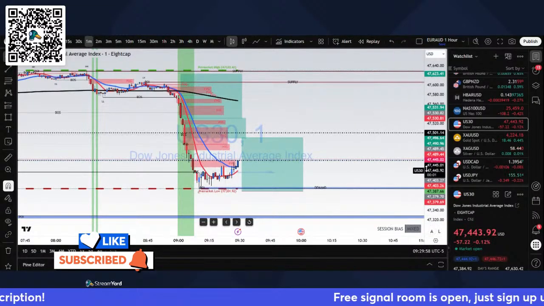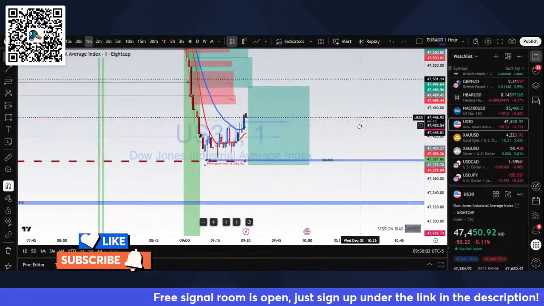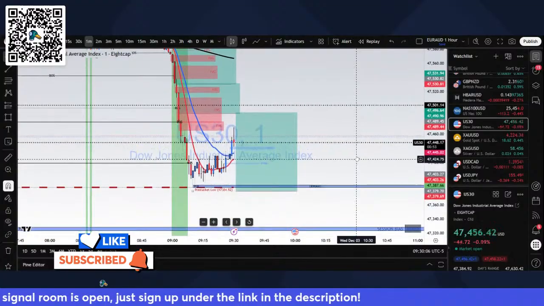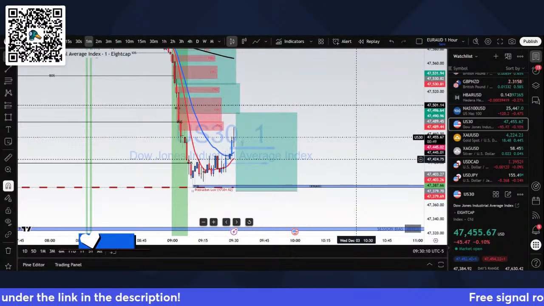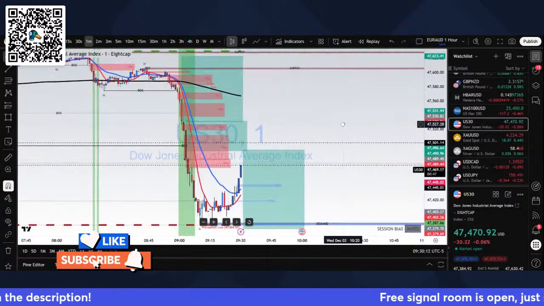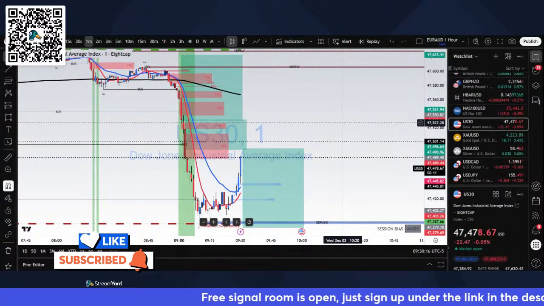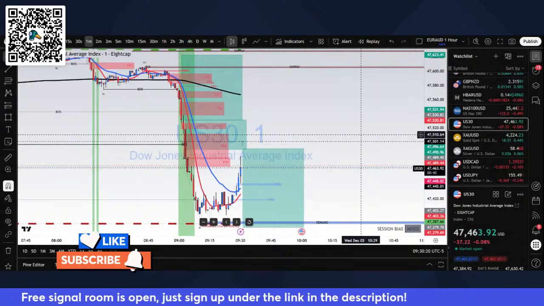Okay, 1 minute, guys. I'm going to watch US30. See if we get our entry or if we just get our profit. Looks like we're not going to get our entry. But we're coming back to our original 2 trades.